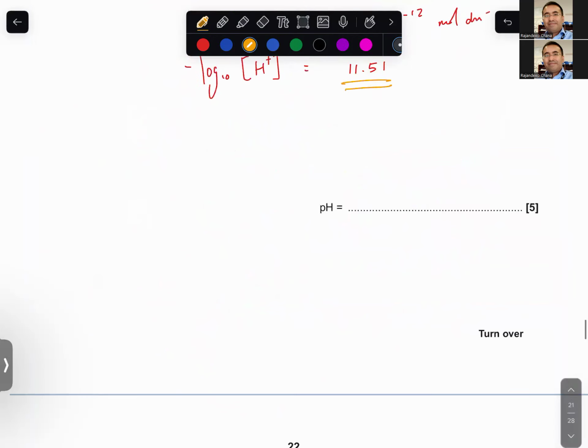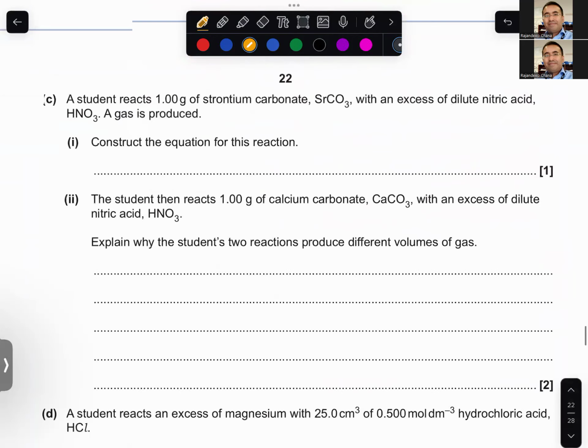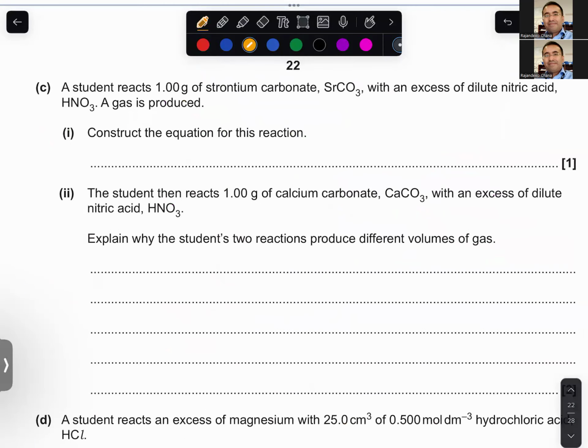Next question. A student reacts 1 gram of strontium carbonate with excess dilute nitric acid. A gas is produced. Construct an equation for this.